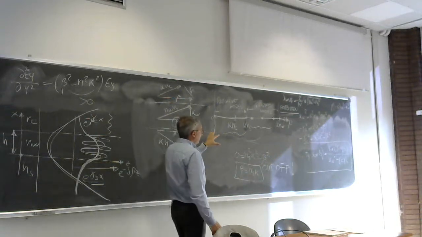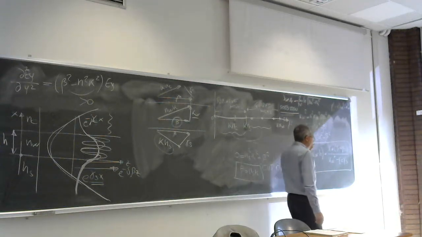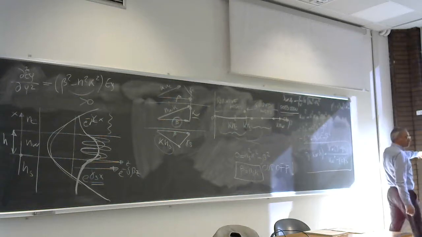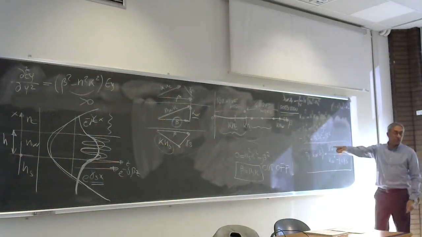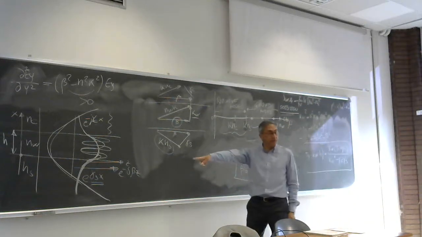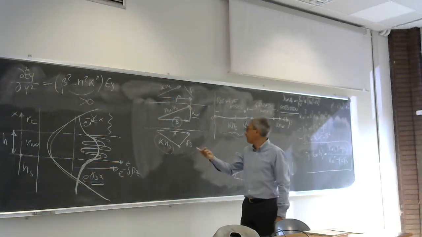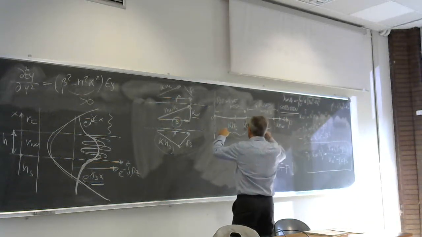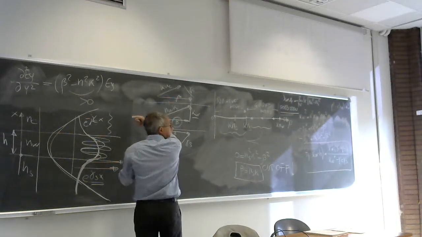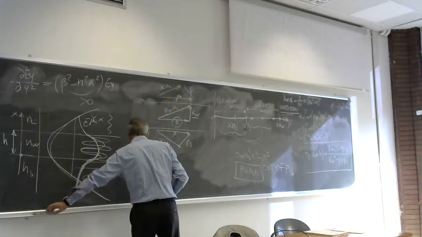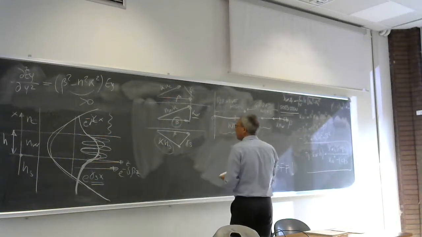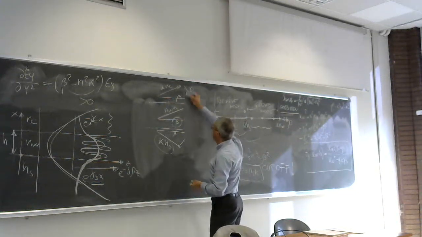All this story is valid for a wave that propagates in the positive direction of z. But obviously there are also solutions that propagate in the negative direction of z. So exactly this should be drawn also on this side. So let me cancel all this.